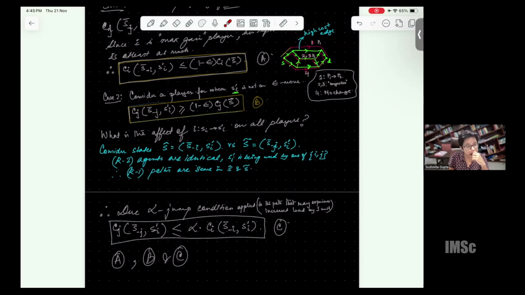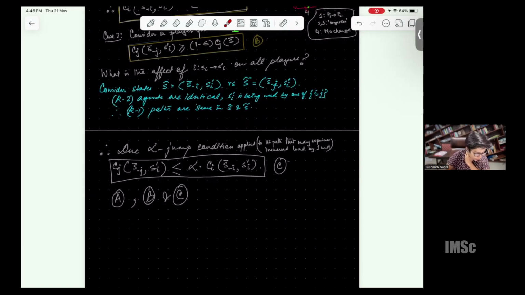Okay, this is an upper bound. All we know is that the right-hand side here, Ci, represents the cost of the player who has the maximum gain. Here, J could be any player, the one with an epsilon gain or one without, it does not matter. In comparison to the player with the max gain, his cost can only increase by at most an alpha factor because of the way the cost functions on the edges are.